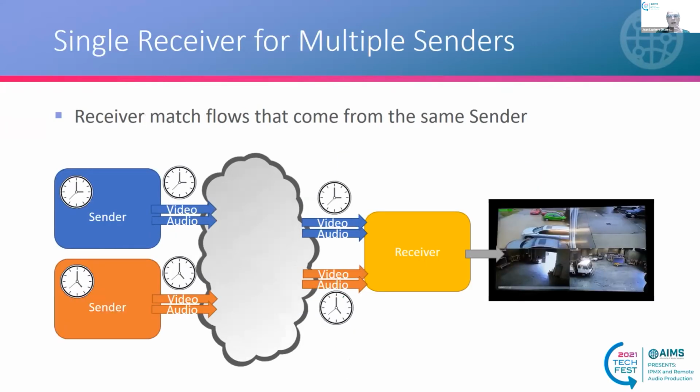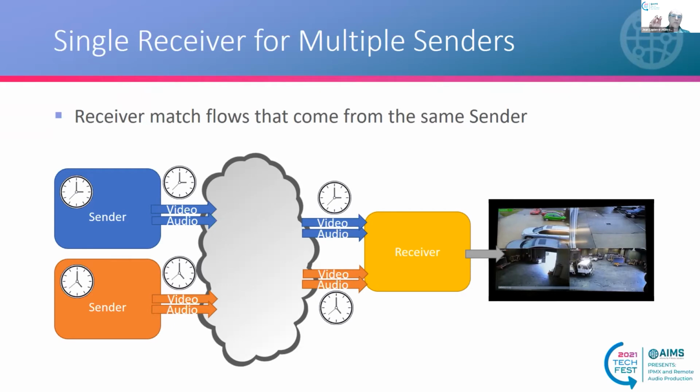And so here I have a different example where we have a single receiver that receives feeds from multiple senders. Still, the receiver has all the info it needs to keep the audio and video in sync for each individual sender.